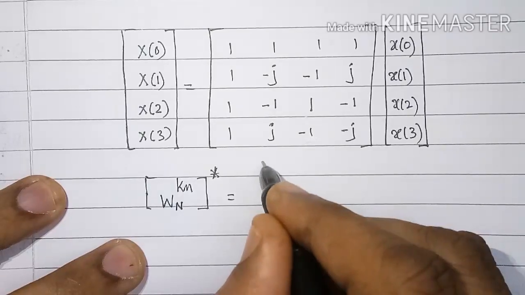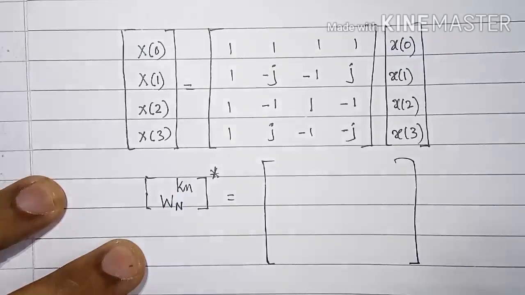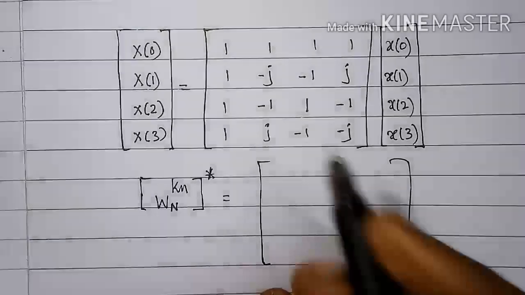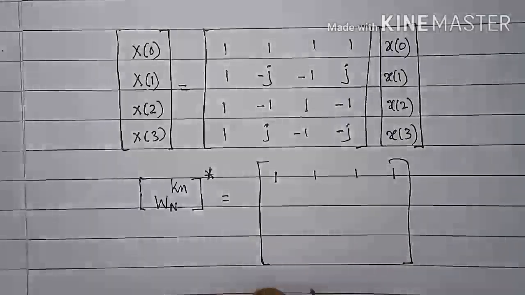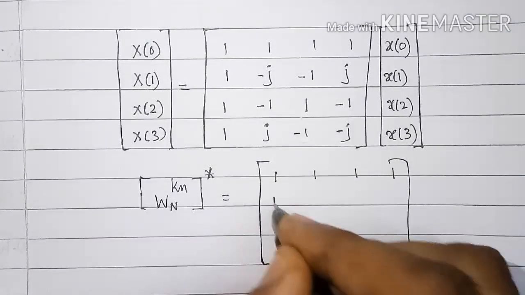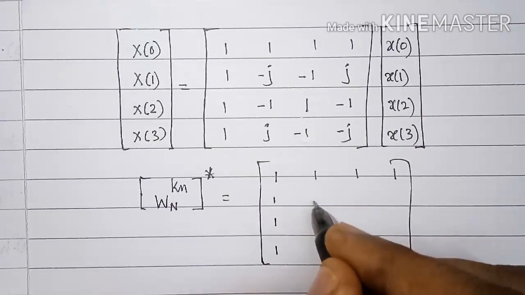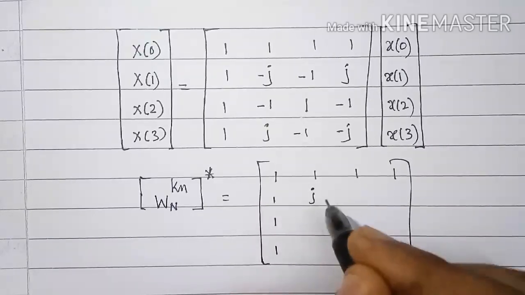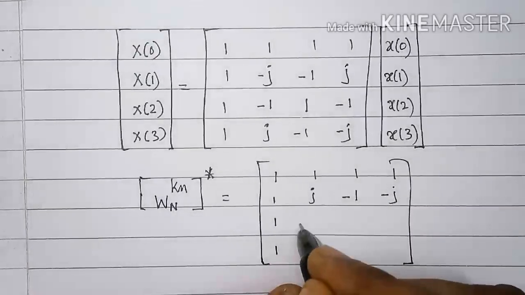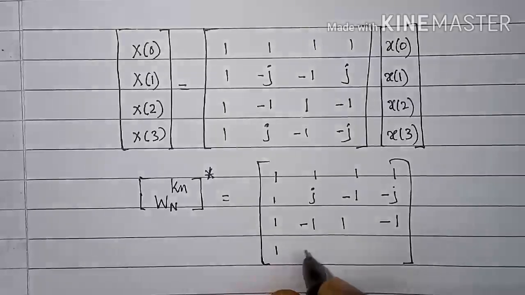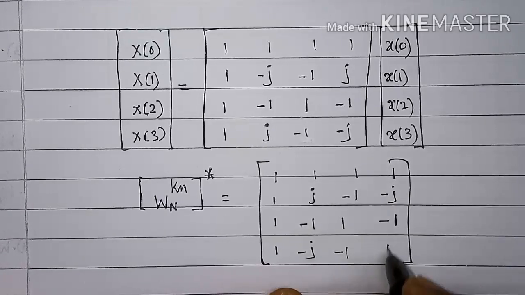So this may now be written as 1 1 1 1, because these are real numbers, their signs will not change. 1, plus j, minus 1, minus j, 1, minus 1, 1, minus 1, 1, minus j, minus 1, plus j.